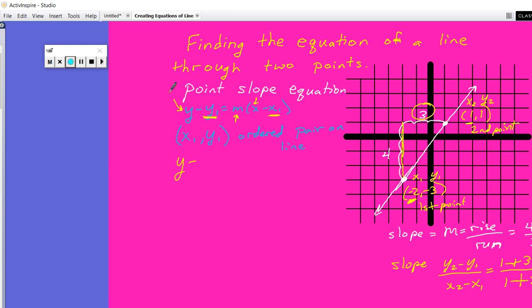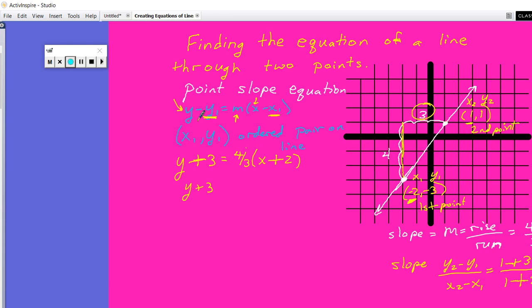So y minus y1 is y minus -3 equals m, which is 4/3, times x minus x1, and x1 was -2. These minus-a-minus signs I change to a plus. So I now have y plus 3.